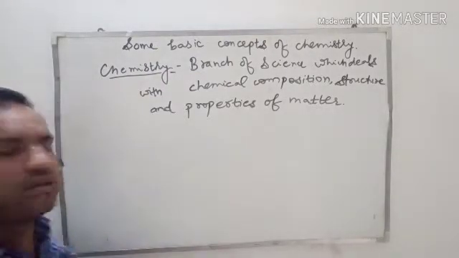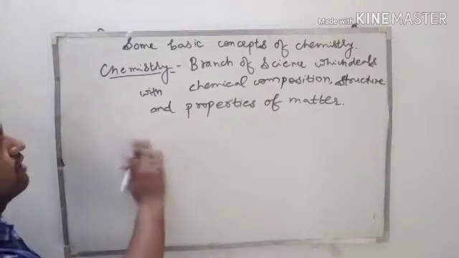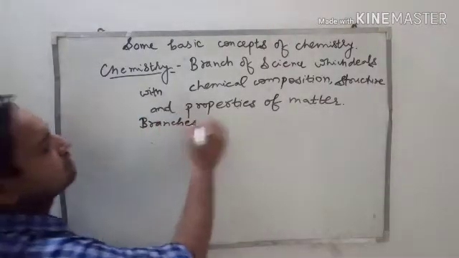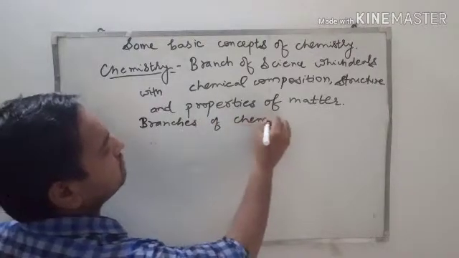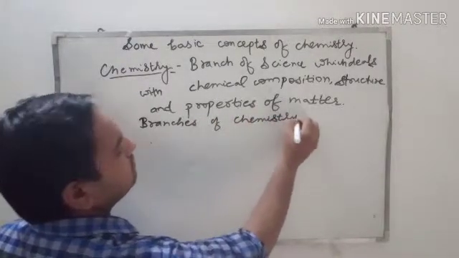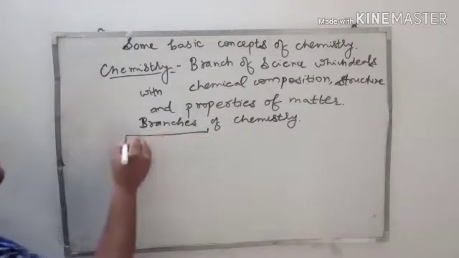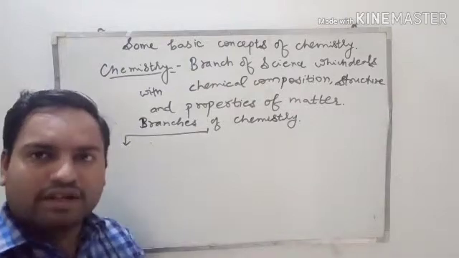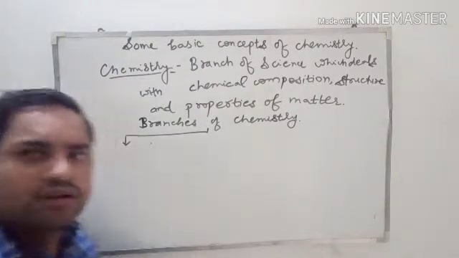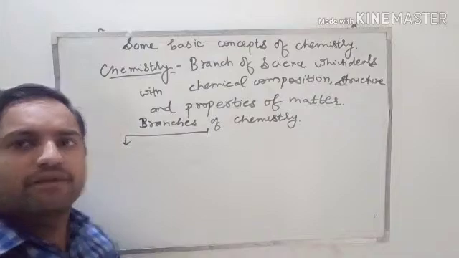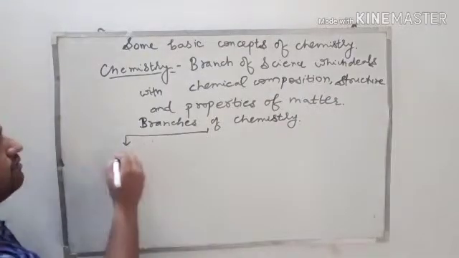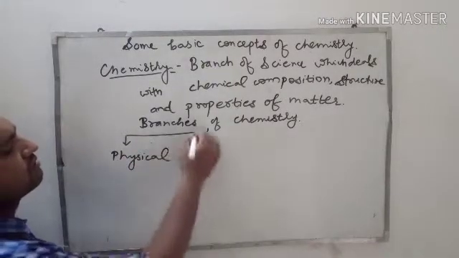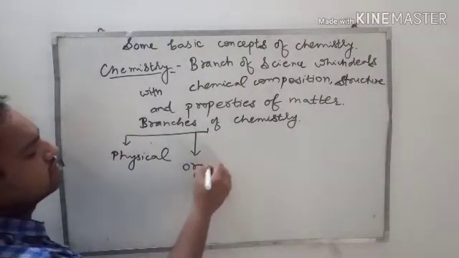Now, what are the main different parts we should study? Branches of chemistry. Basically, there are three main branches: physical chemistry, organic chemistry, inorganic chemistry. But still, as a whole, we can study on a broader level. If we look, then we can classify in different parts. Likewise, first physical chemistry, then organic chemistry.